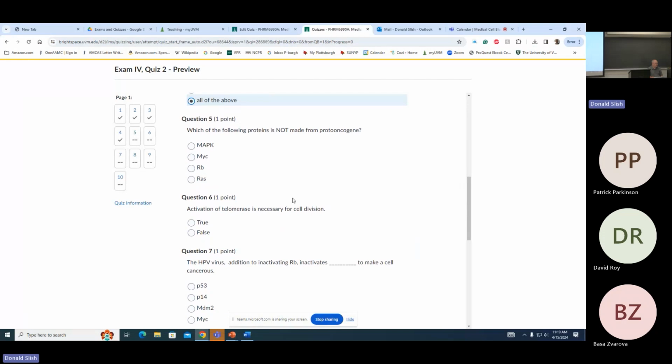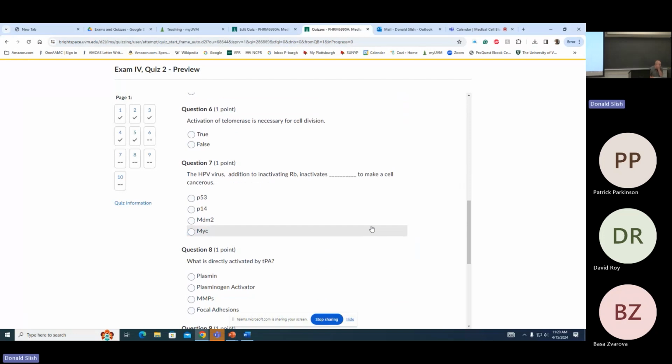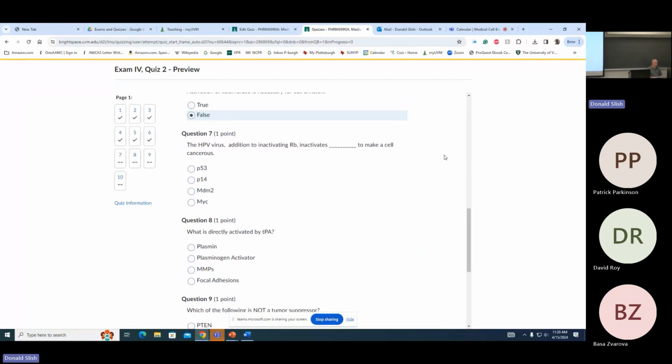Which of the following proteins is not made from a proto-oncogene? That would be this one, because it's a tumor suppressor. All of these are pro-growth regulators, so their genes are proto-oncogenes. Activation of telomerase is necessary for cell division. False. Cells can divide without it, but only so many times before they end up dying. So they can divide without it, but their replicative potential is increased.